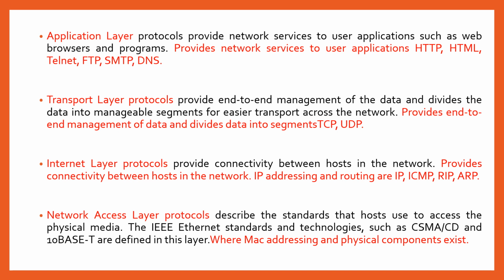SMTP, that is Simple Mail Transport Protocol. And another one is DNS, which means Domain Name System. These are the different protocols that are there in the application layer. A protocol is nothing but a set of rules that need to be followed.